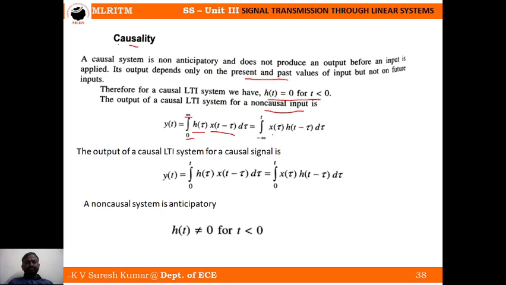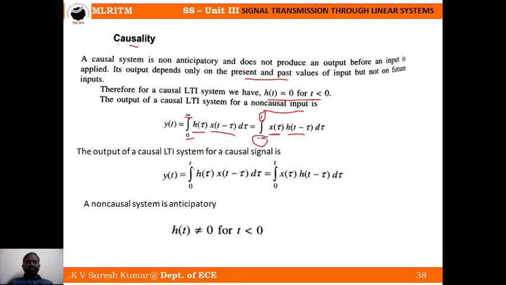In the other way, if you write x of tau into h of t minus tau, the input signal stays as it is and the impulse response is flipped and shifted. So x of tau varies from minus infinity to infinity, and h of t minus tau is flipped, meaning minus infinity to 0, and shifted to t, therefore minus infinity to t. The common area will be minus infinity to t.